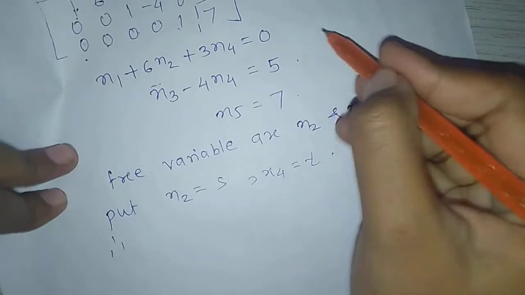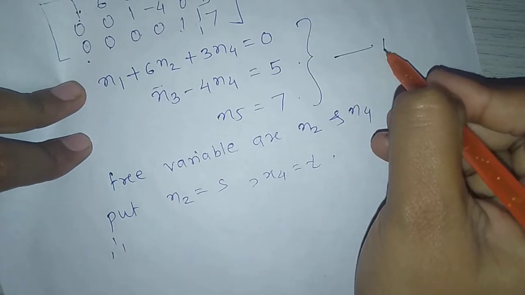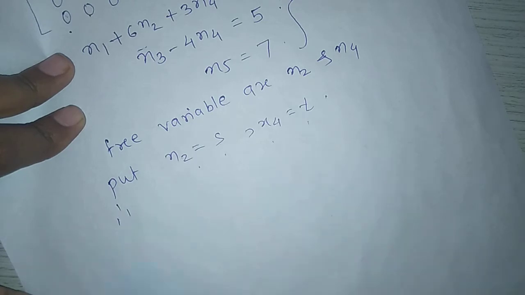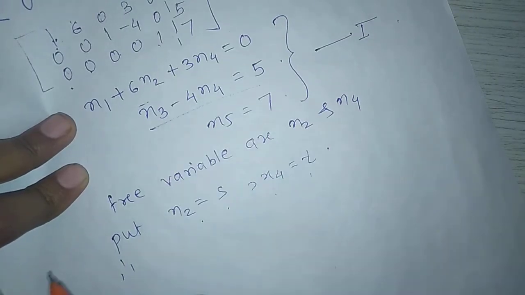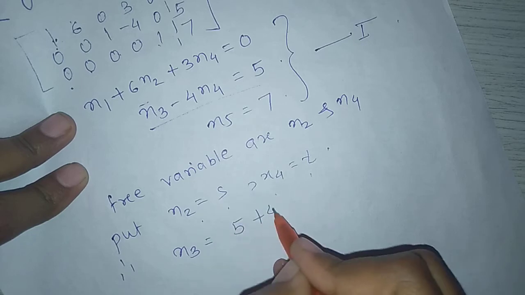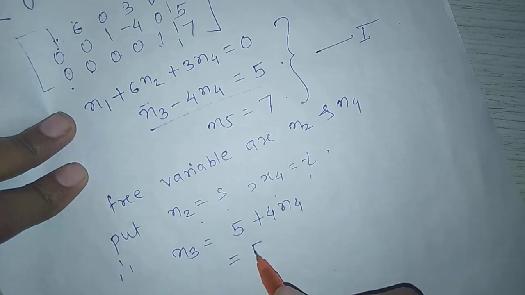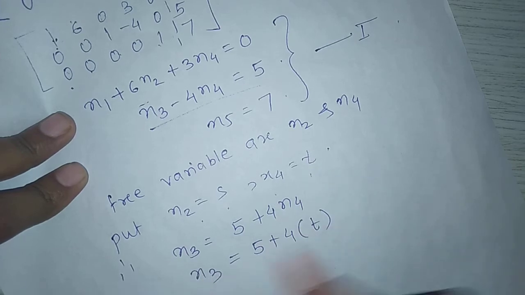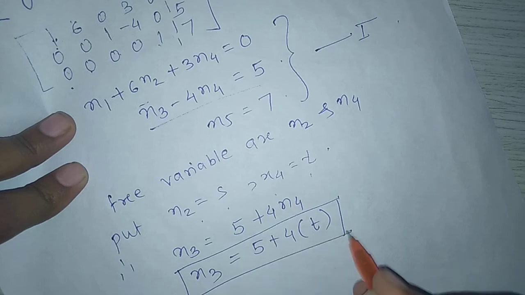Therefore, in the system, x2 is s and x4 is t. So we can calculate the value of x3. x3 equal to 5 plus 4x4; x4 is t, so x3 is 5 plus 4t.